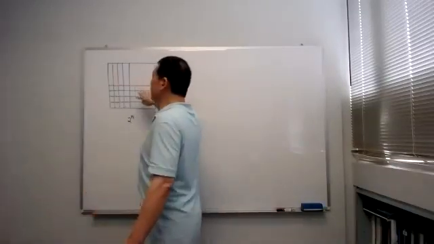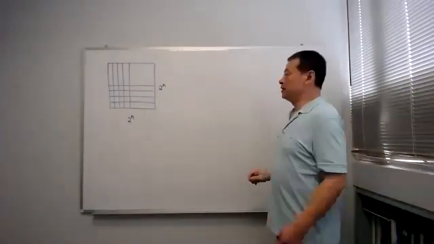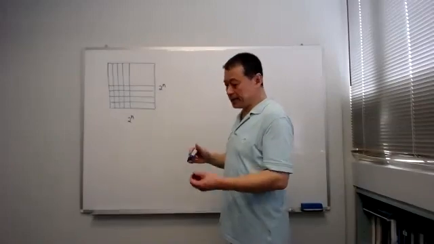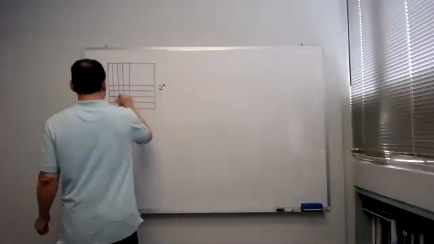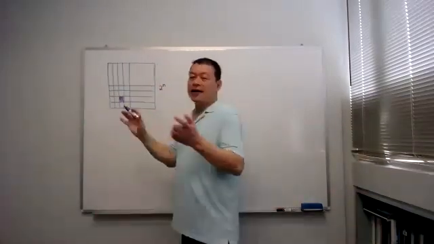So I could just draw a part of it. The statement is, suppose 1 square is missing from the chessboard. It can be anywhere.